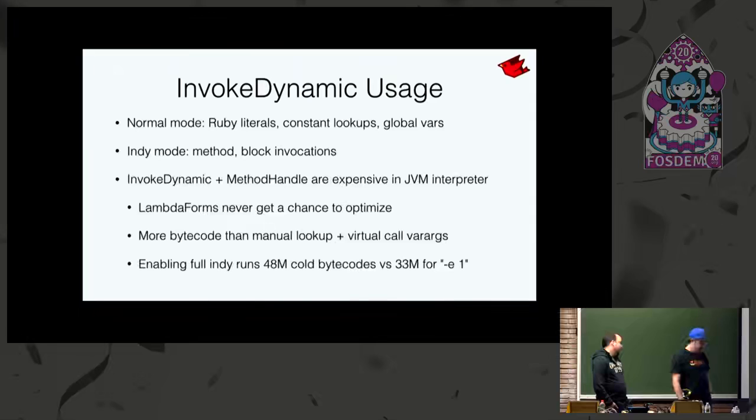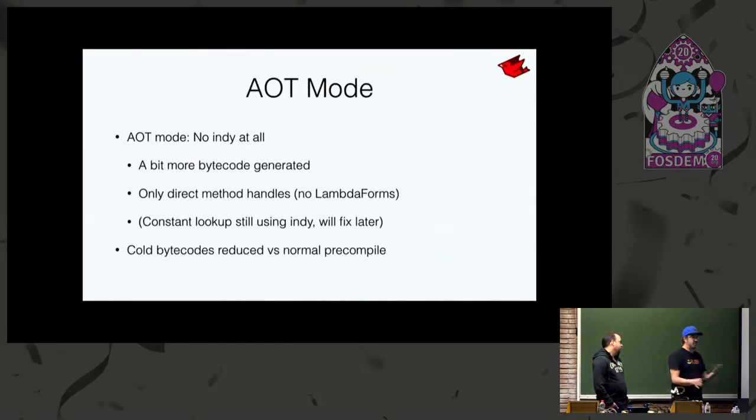So I did a modification of this for AOT mode that basically uses no invoke dynamic at all. It's a great feature for us. We love it for peak performance. For cold execution, it is really not that great. There's a lot of issues trying to get stuff to run at cold. I know there's work to try and get Lambda forms and method handles and whatnot to compile in with JLink and stuff.